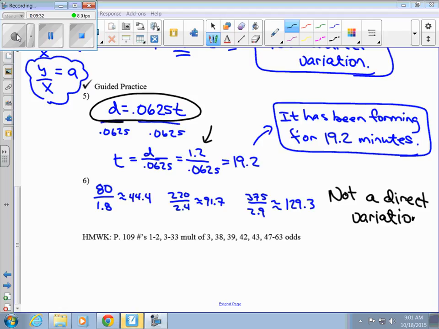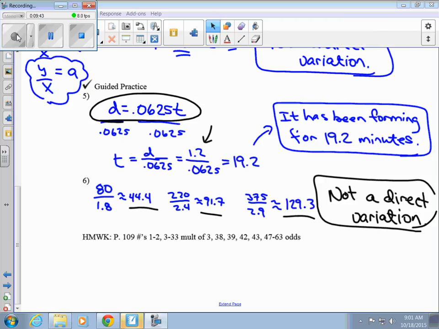Because if we notice, these ratios are not the same. Now, when we talk about a real-life situation, if you look in the book in example 3, in that shark problem, they have 6 of them, and instead of 44.4, 91.7, 129.3, they get numbers of approximately 119, 119, 121, 120, 121, and 120.